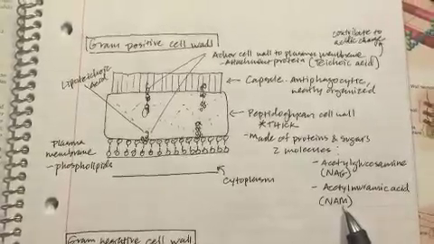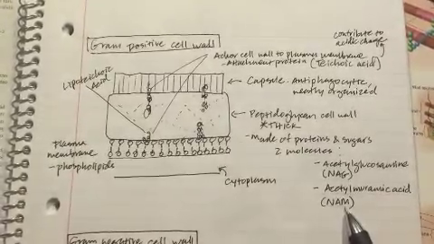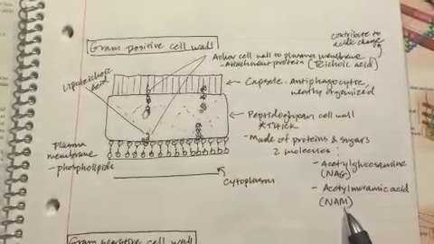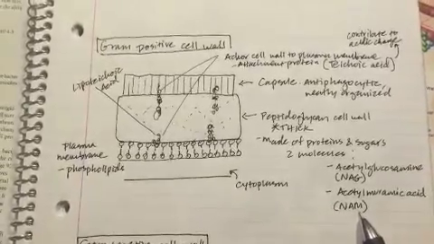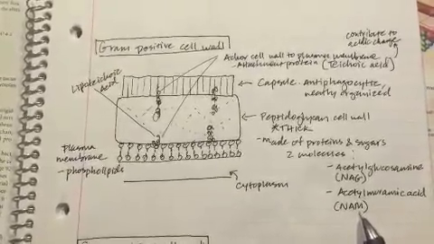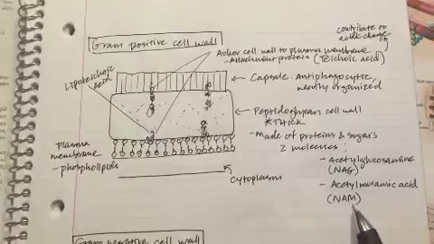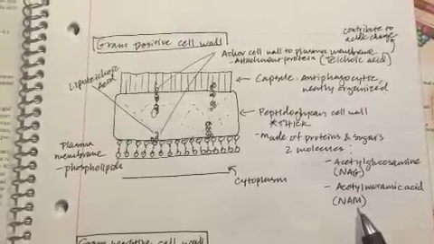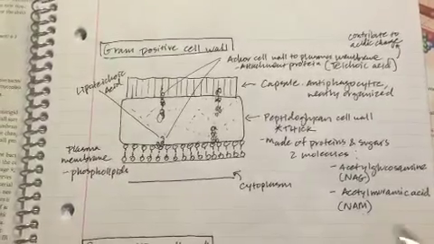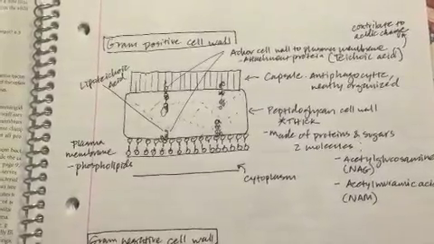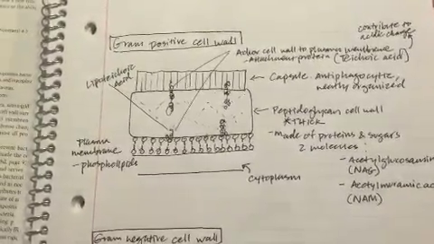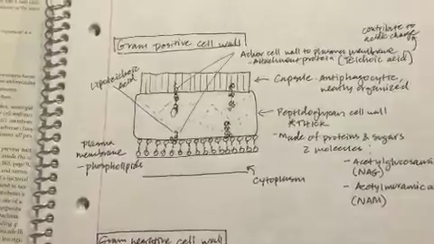In order to combine these two molecules together, there's an enzyme called transpeptidase. Trans meaning across, so these are cross-linked, and this forms the layer of peptidoglycan in gram-positive and gram-negative cells.